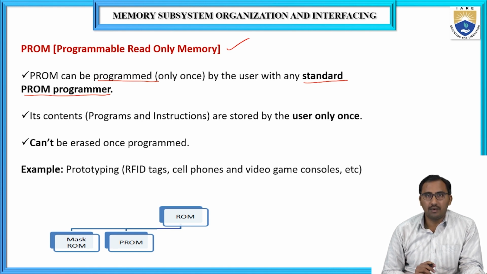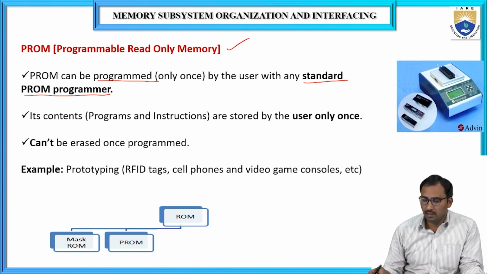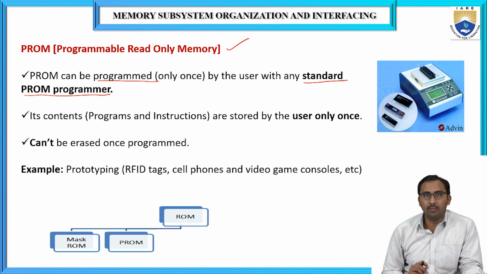The user can purchase a blank PROM from the market. Then we can program it by using the PROM programmer. Here you can see the PROM programmer. By inserting the PROM chip into this slot, we can program it.